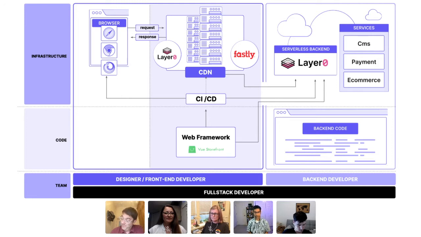But the way you want to think about this in terms of your team structure is you've got your backend services, and depending on what your backend is, they might be in Java or Ruby or PHP. And your backend developers continue to develop there. But what you've done now with this modern stack is you've carved out a new space for your front-end developer and designer, where they're controlling the front-end experience.